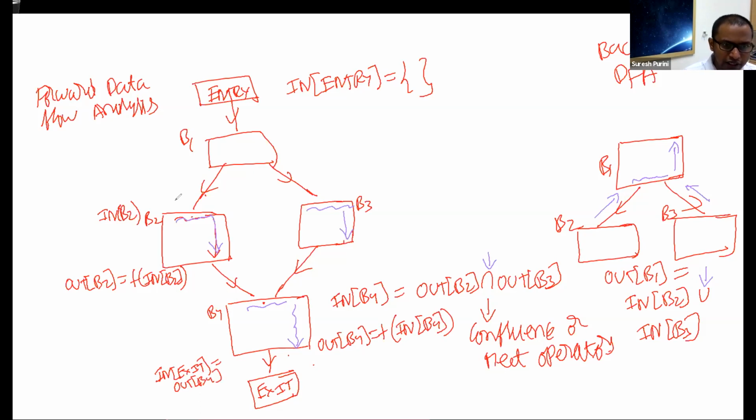Similarly, here in of B3 is equal to out of B1.